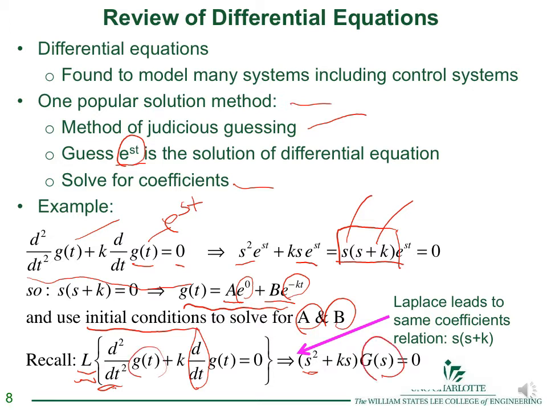So we could arrive at the same equation as above by just taking the Laplace transform of the differential equation. For these many reasons, the Laplace transform is closely coupled to engineering problems that involve differential equations, which means most engineering problems involving capacitors, inductors, and things of that sort.